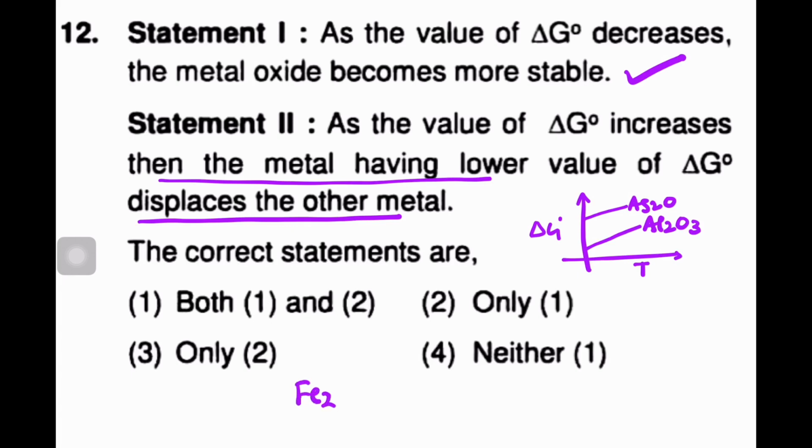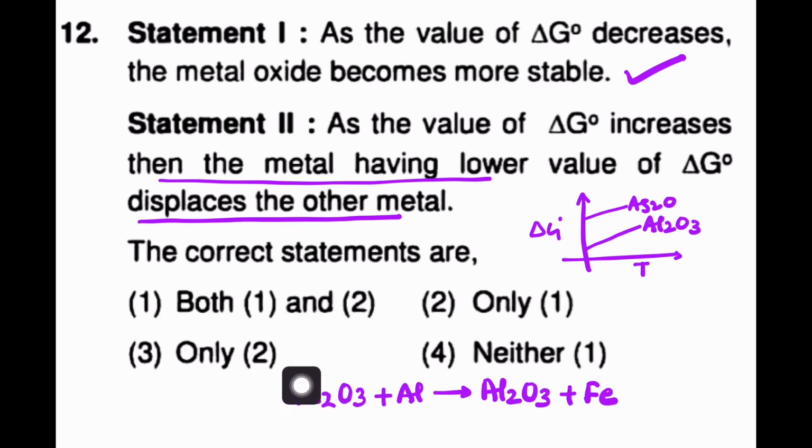So aluminium will replace Fe in Fe2O3, forming Al2O3, and Fe will be reduced from +3 to 0 oxidation state. Why is this reduction possible? Because Al2O3 has a lower value of delta G naught, so it is a more stable oxide as compared to Fe2O3, and that is used in thermite welding. Next, here both the statements are true, so it is the first one.